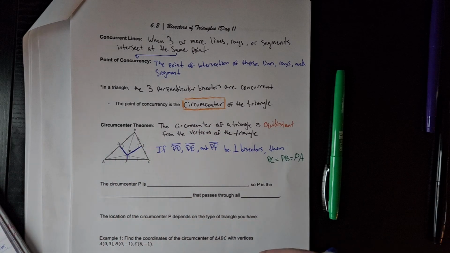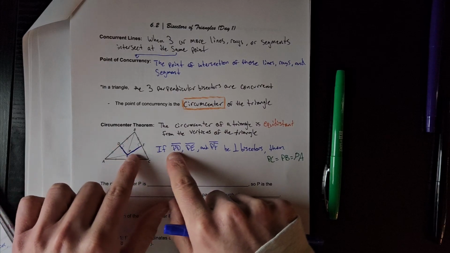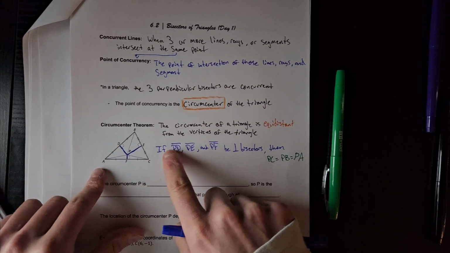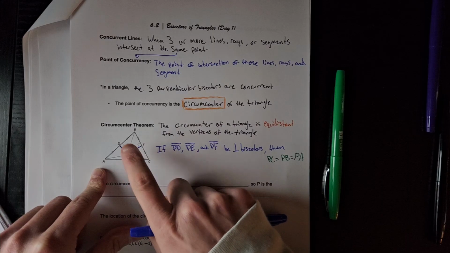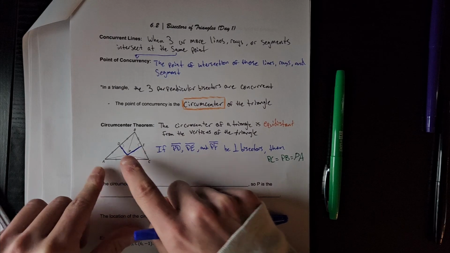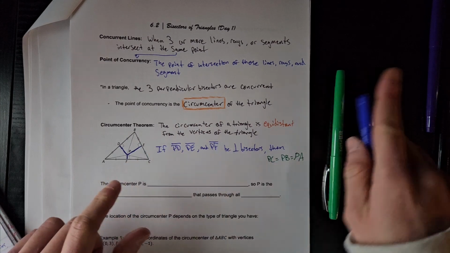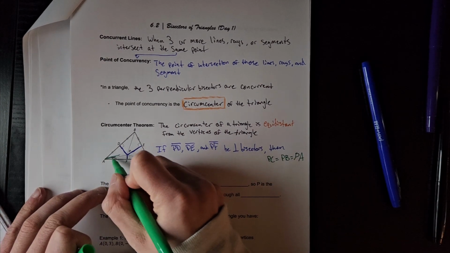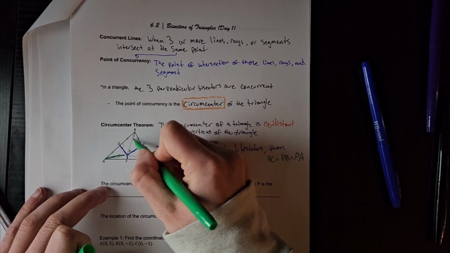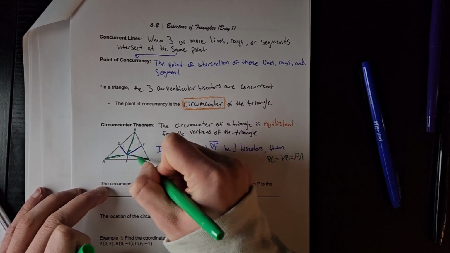And they all intersect at P, which is why we have PD, PE, and PF being the segments that we need. If all of these meet at the same point, and if they're perpendicular bisectors, that means that PA, PB, and PC are going to have the same length.